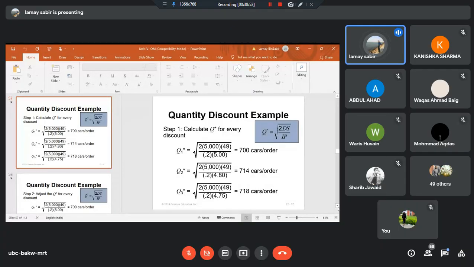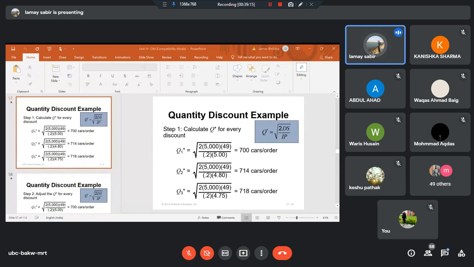अब ये जो slide आपके सामने है, इसको जरा देखिए. First Q1, the first EOQ, which is the square root of 2 into capital D 5,000 into the ordering cost 49, whole divided by the holding cost.